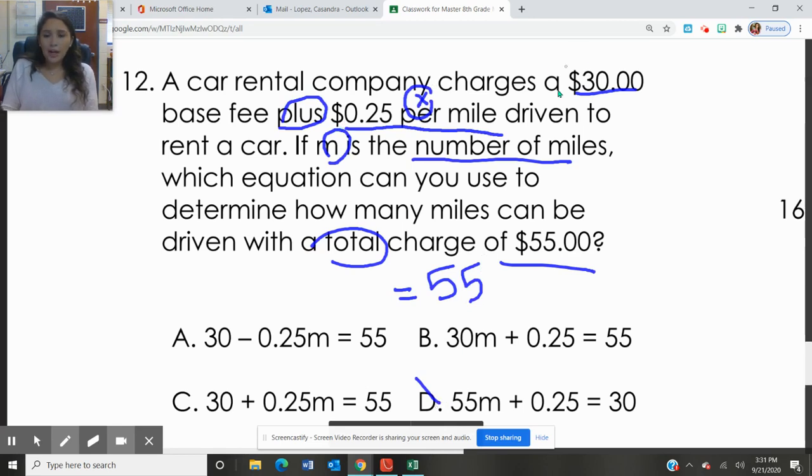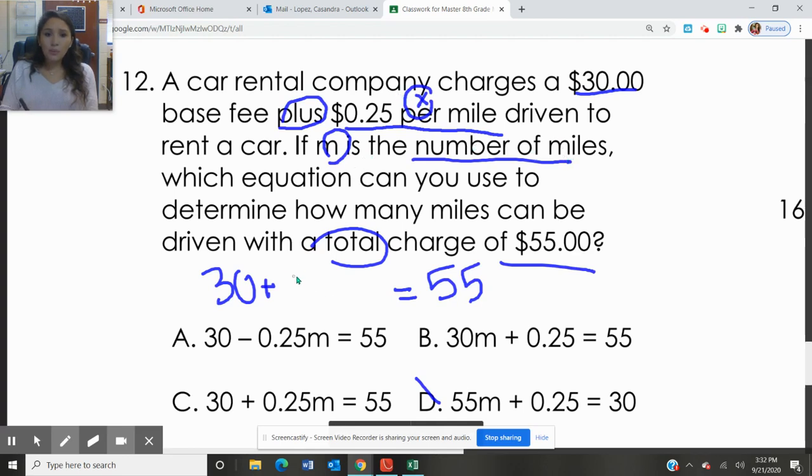And then here I have $30 as my base fee. So $30. And then I'm adding, so plus 0.25 per mile driven. And here it says m is the number of miles.